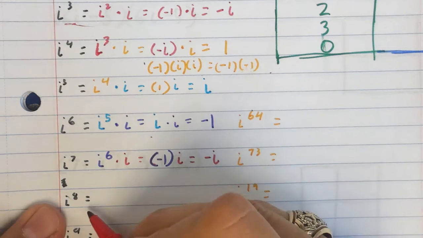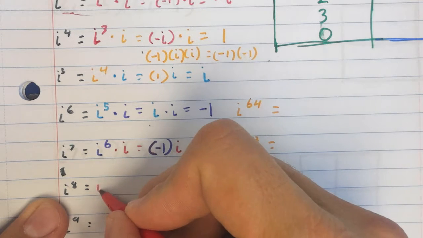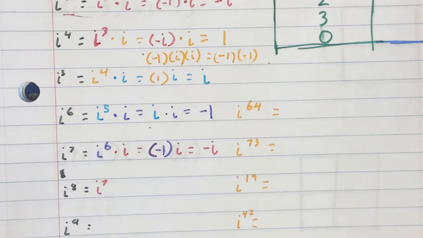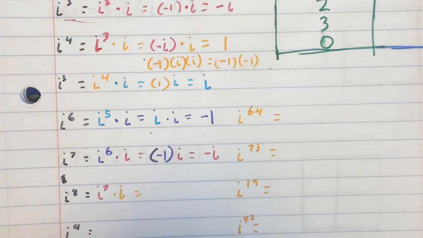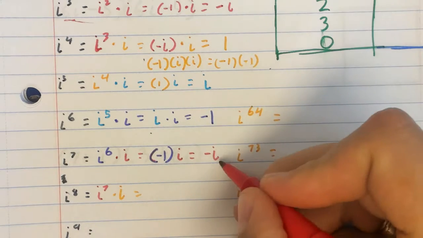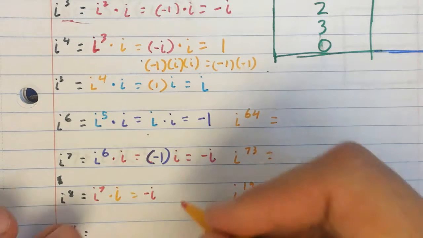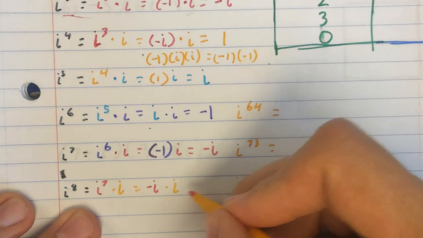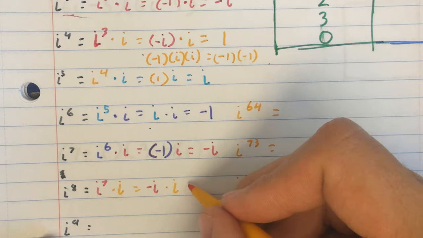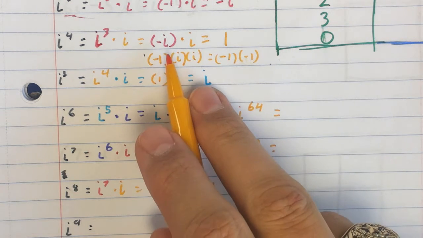Let's go ahead and look at I to the 8th. I to the 8th power is the same as I to the 7th times I, and that's going to equal I to the 7th, which is -I, multiplied by I. -I times I is going to be 1. Again, I explained that right here.